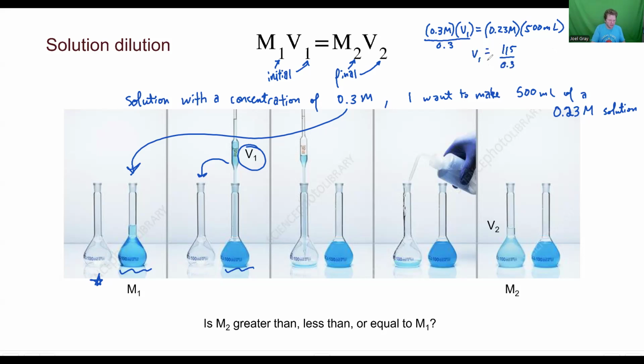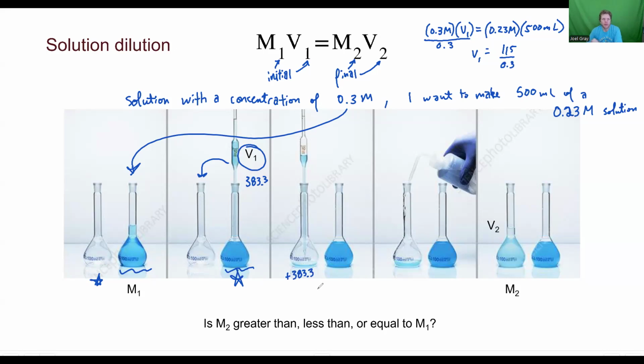So 115 divided by 0.3 is going to give us our V1, which is 383.3. So what that means is we would need to take 383 milliliters from our first solution and add it to our other beaker. And so we've added 383.3.